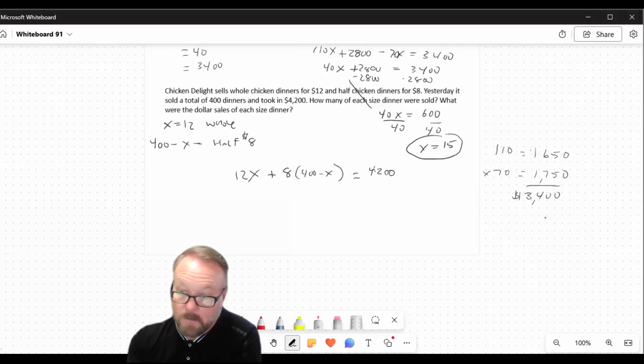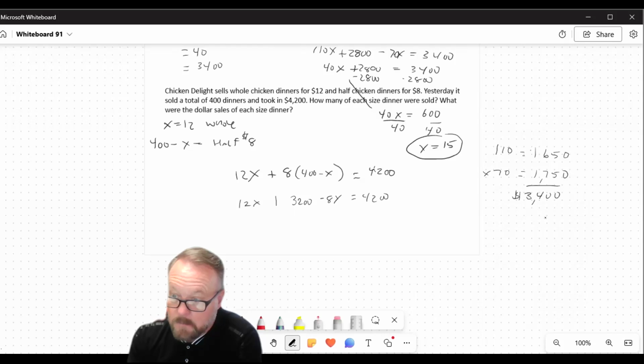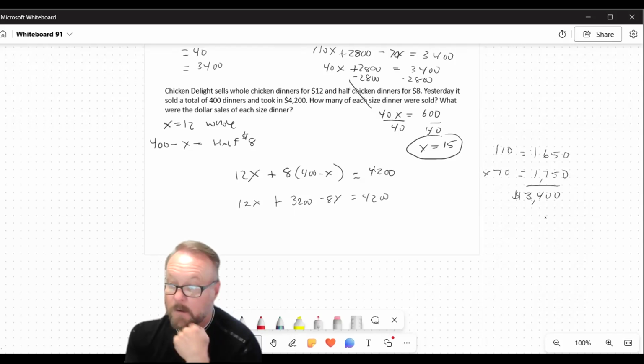All right, so we're going to solve this first. So 8 times 400 is 3,200, and then minus 8x, and then 12x plus. All right, so now we're going to merge the x's together.